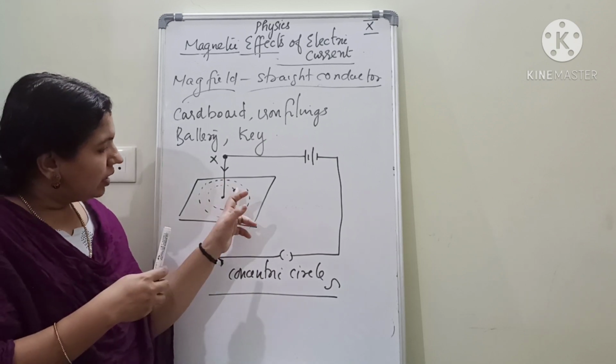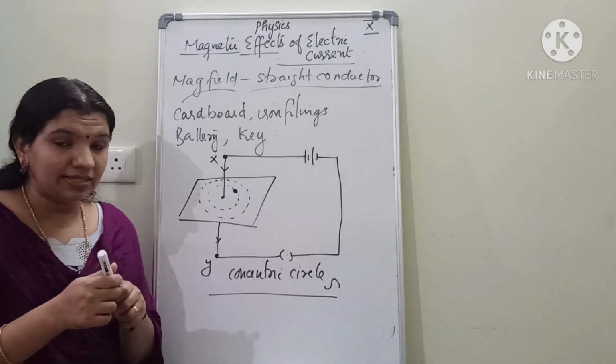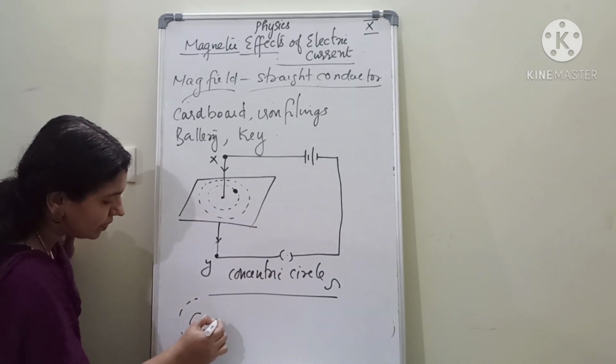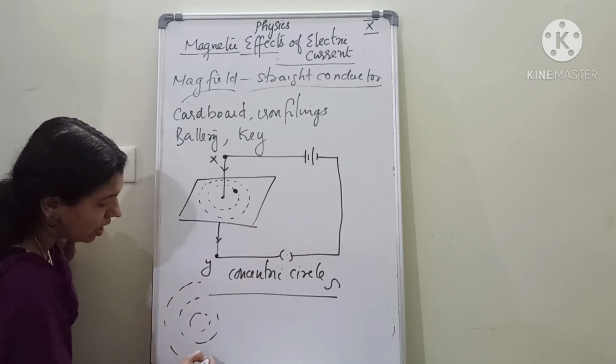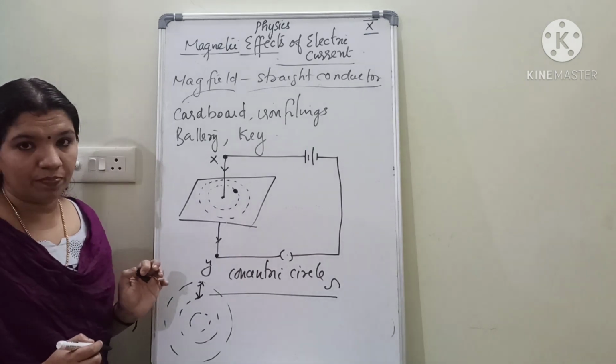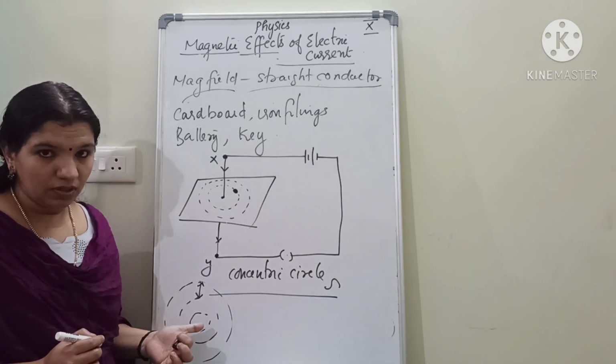Understand? Then, as the distance increases, you can see the concentric circles are forming like this. That means as the distance increases, what will happen? The strength of the magnetic field is reduced. The strength of the magnetic field is decreased. Okay.